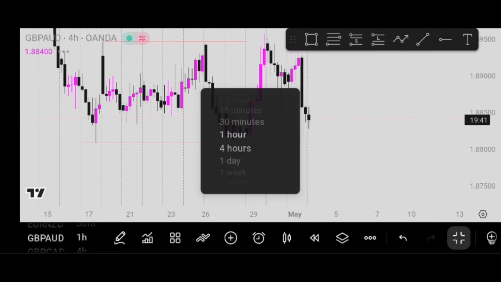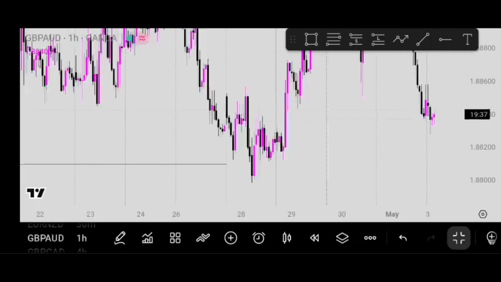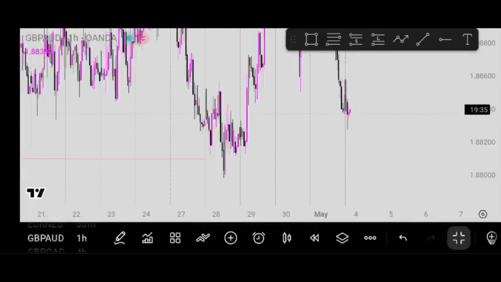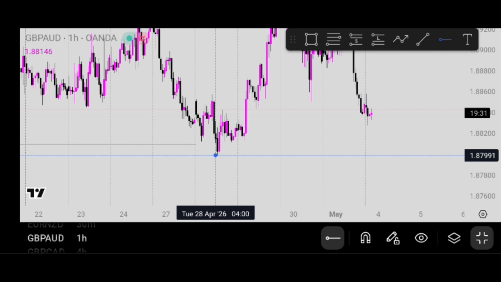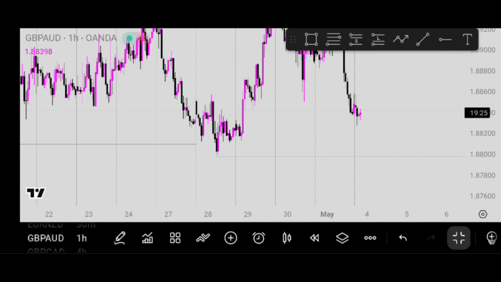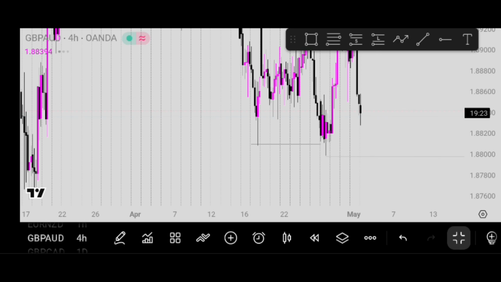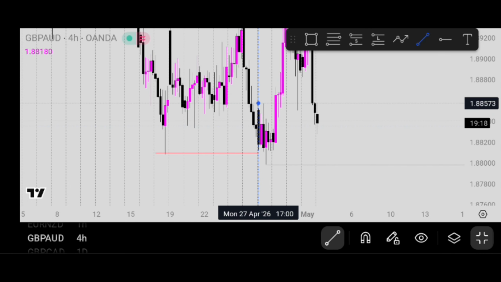So we shall drop down to the lower time frame and then see where is the first. So in this scenario, we have seen that this is our strong low. So we are looking for the first pullback after the break of structure. As we said here, this was the break of structure to the upside. The break of structure was here.